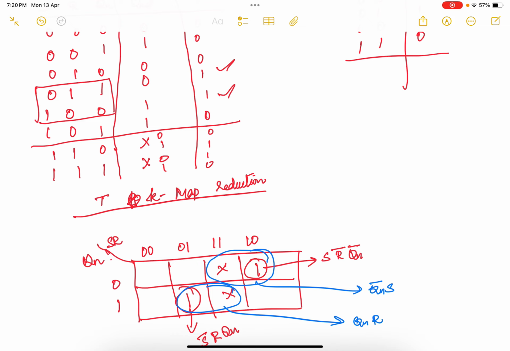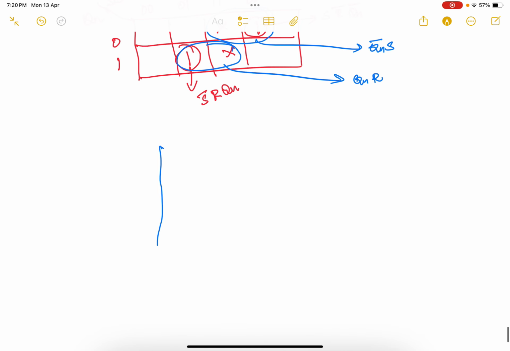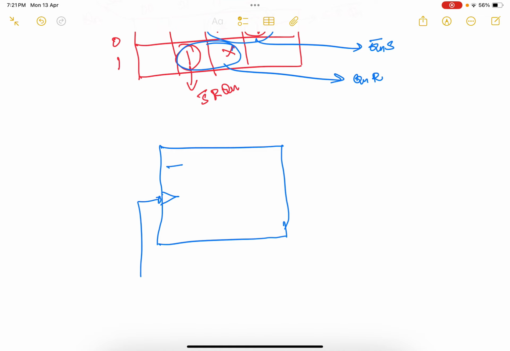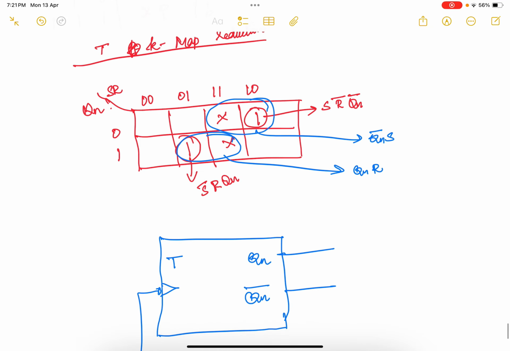So when I am going with this type, you will be having your T flip-flop here as the source, and you have your clock. This is Qn, and this will be your Qn bar, and this is nothing but your T map and the reduction. So T equals S Qn' plus R Qn. Okay, S Qn' plus R Qn.